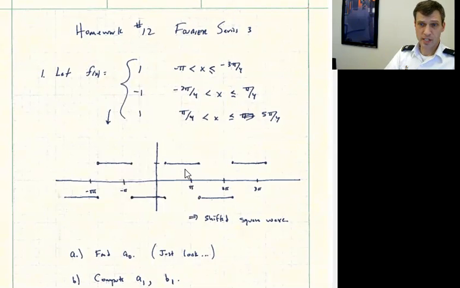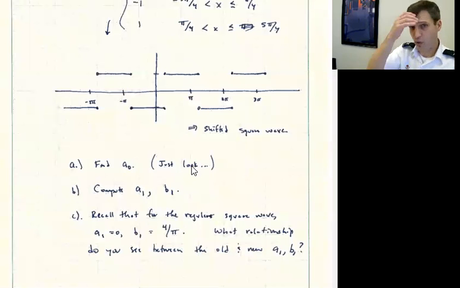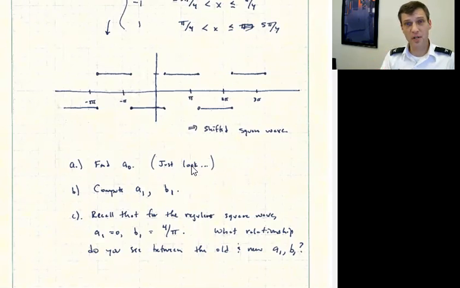So the question is now, we'll find a sub 0. Well, you can just look at it, hopefully, and figure out what that is. And then find just a1 and b1. Now, if you do this full out, finding a1 actually takes 3 integrals. You get a small piece where it's +1, another piece where it's -1, then another smallish piece where it's +1 again.